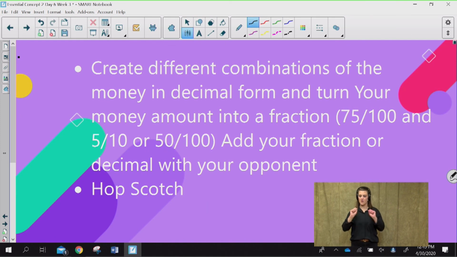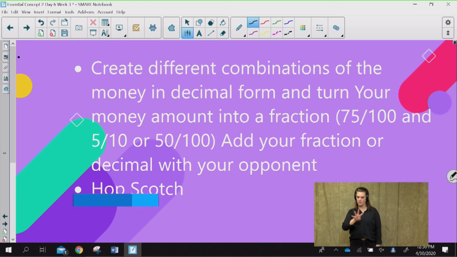All right, guys. So I have a few activities for you to practice what we've learned about fractions today. Our first activity is you can get your piggy banks, all right, and dump out that money and make different money amounts. Let's say you make 84 cents.